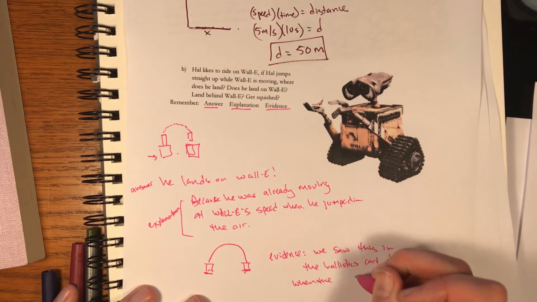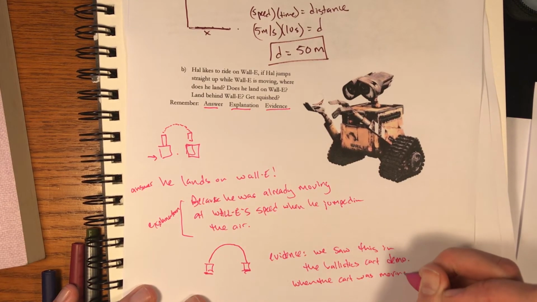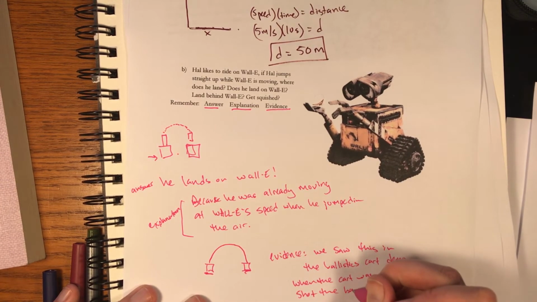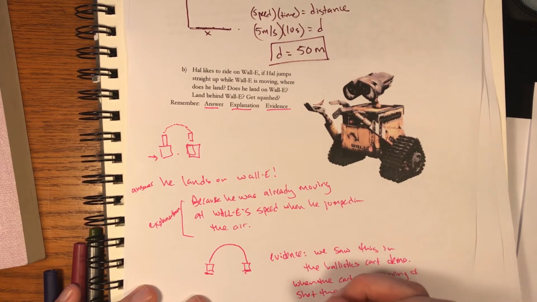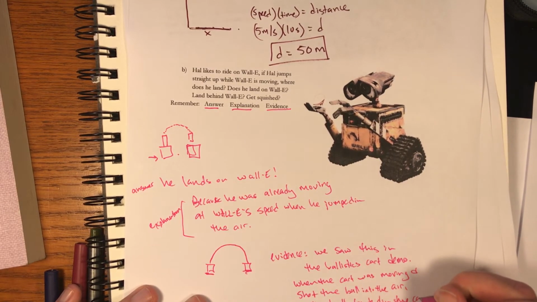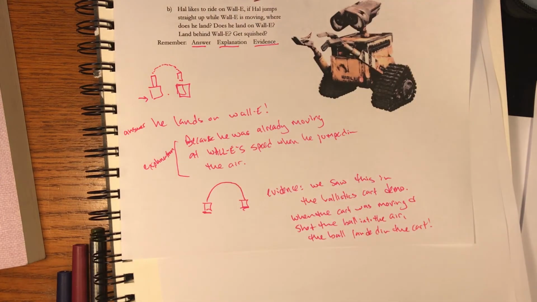When the cart was moving and shot the ball into the air, the ball landed back in the cart. So you see how when I give this evidence, I don't just put the ballistics cart. I have to say why that evidence is worthwhile evidence, okay?